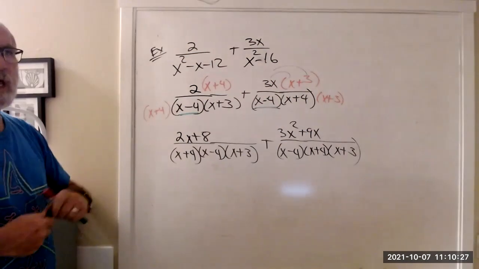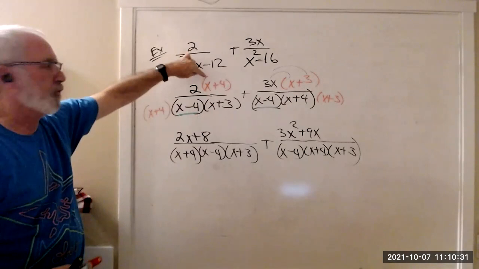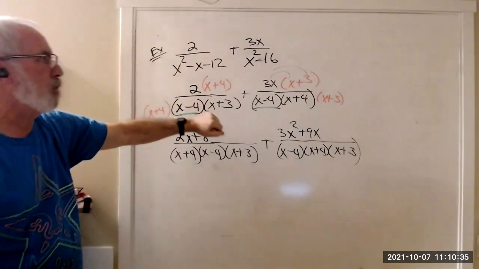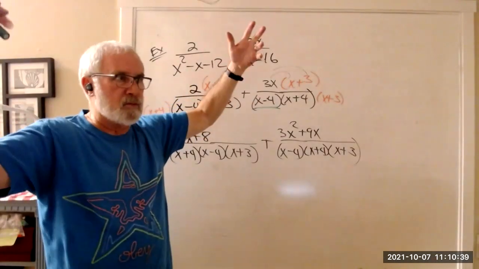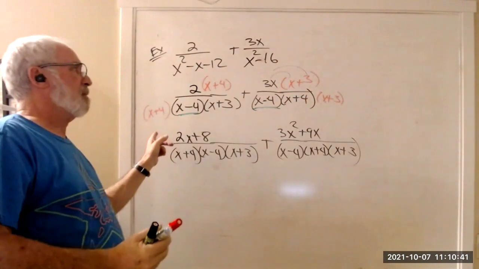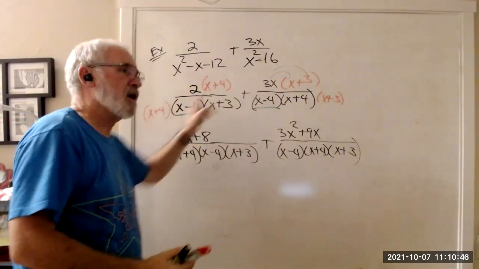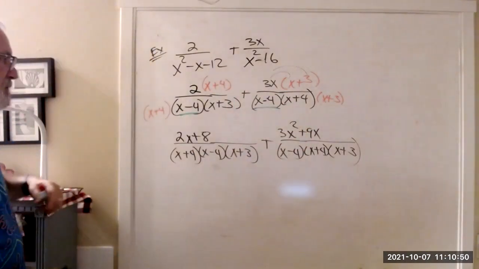So is that okay with everybody? Where did I magically pull x plus 4 from? The other denominator. Where did I magically pull the x plus 3 from? The other denominator. So I'm still using the other denominator to help me make these two denominators the same.